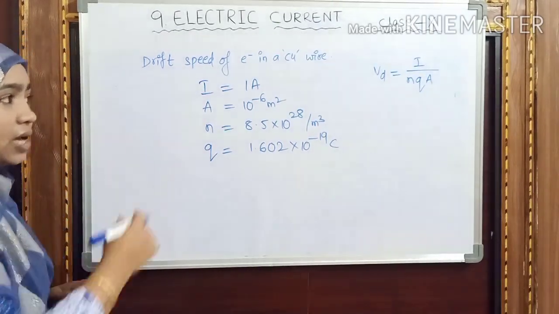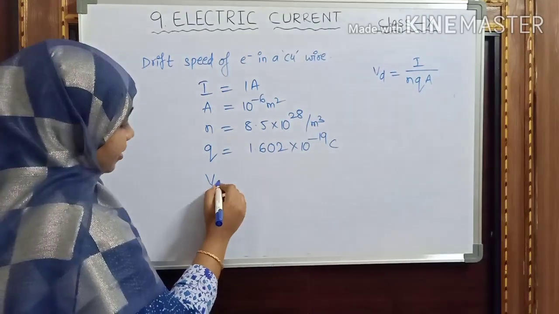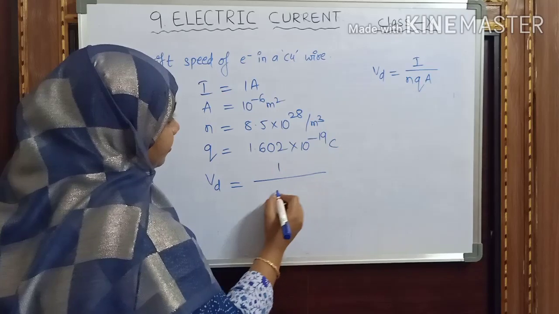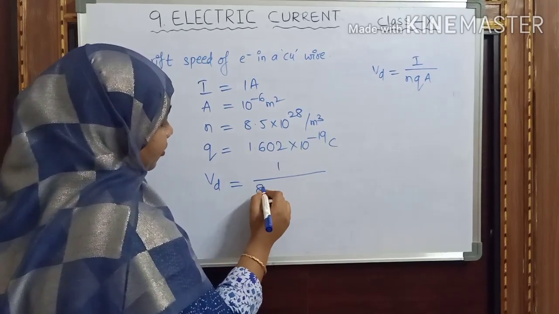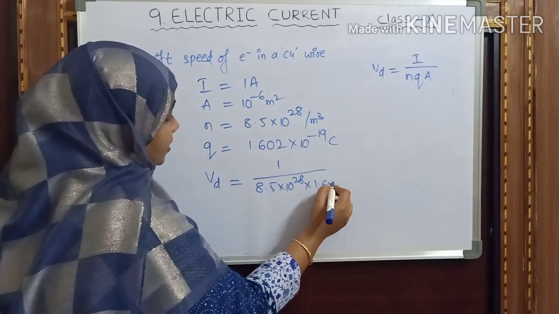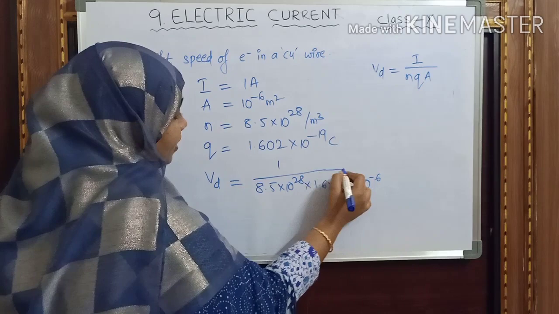Substitute these values to get the drift speed of an electron in a copper wire. That is, Vd can be written as 1 divided by 8.5 into 10 to the power of 28 into 1.6 into 10 to the power of minus 19 into 10 to the power of minus 6.